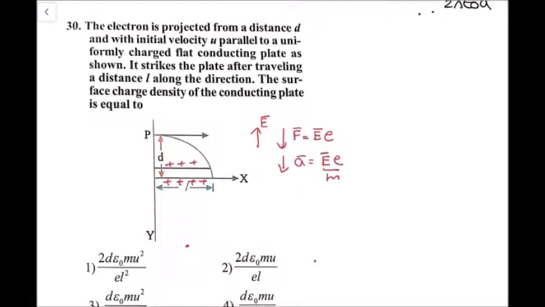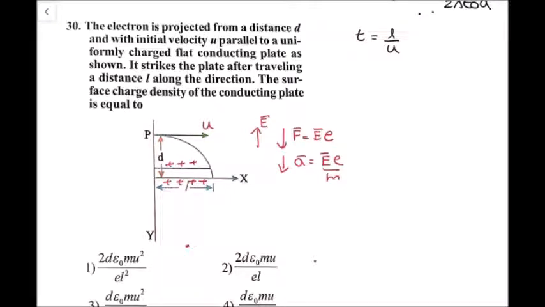The electron is projected with a velocity u. So the time taken by the electron to travel a horizontal distance L, that is t, is equal to L by u, because there is no force along the x direction, so there is no acceleration along the x direction.